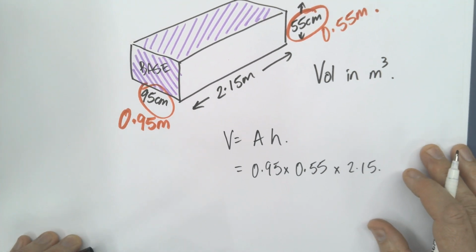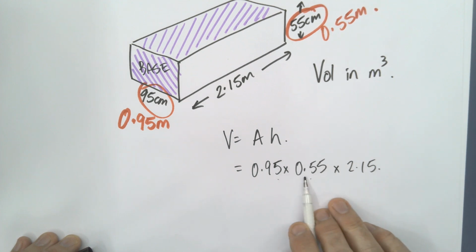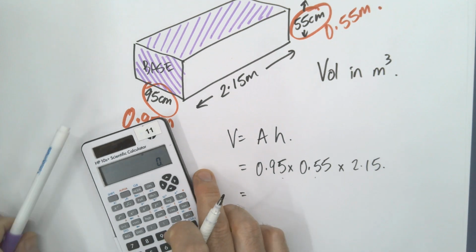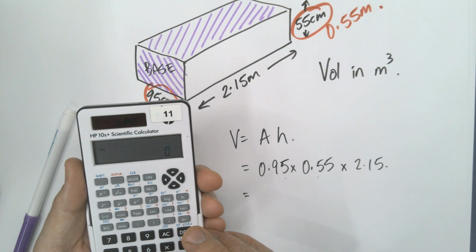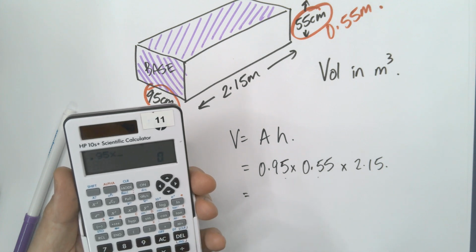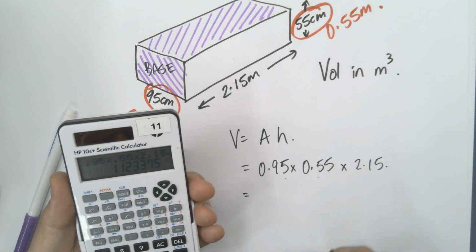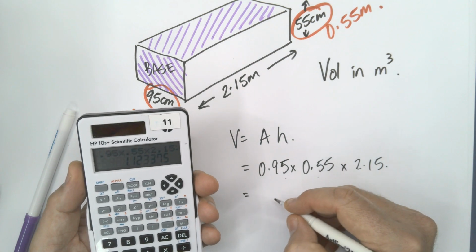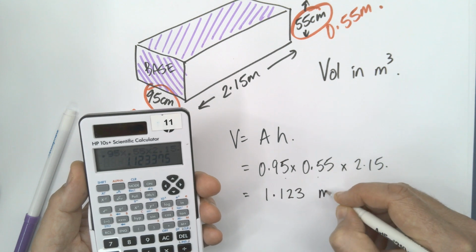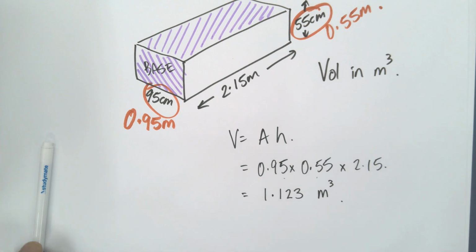So can you see, it's a pretty simple process, because it's just the 3 dimensions multiplied together, which makes these ones the simple ones. So here we go, 0.95 times 0.55 times 2.15. Okay, so there's 1.123 meters cubed.